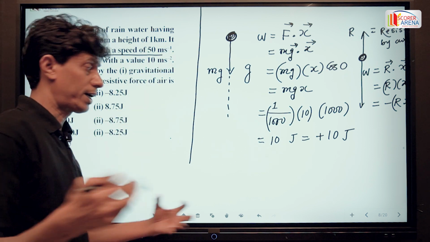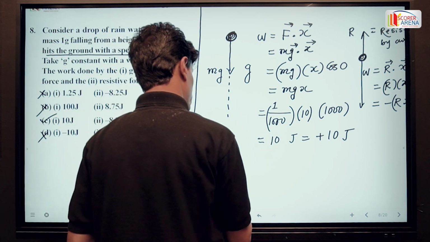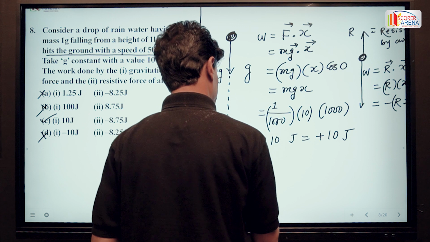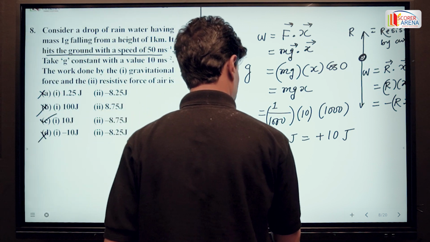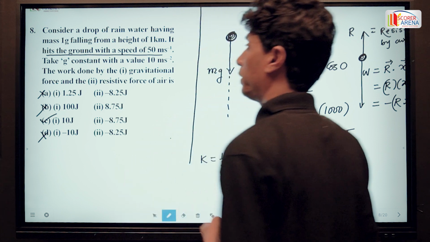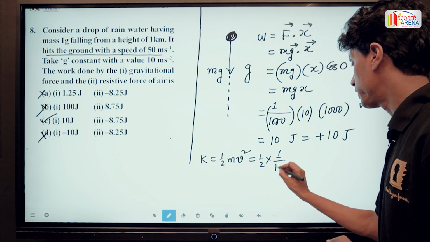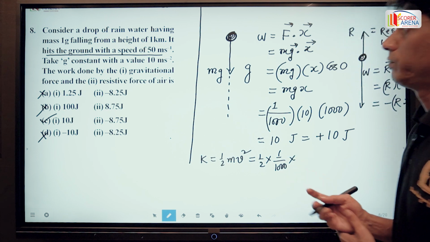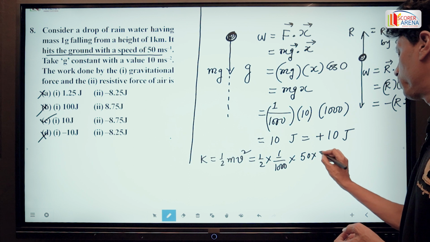So let us find the kinetic energy. Kinetic energy equals half mv squared. This is half, and the mass of the raindrop is 1 gram, that is 1 by 1000 kg, and the velocity of the particle is 50 meter per second, so 50 into 50.